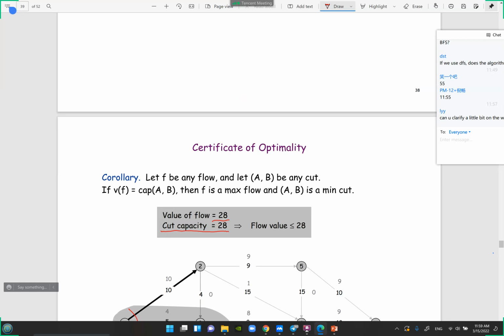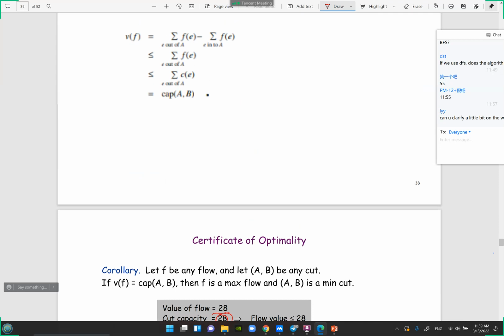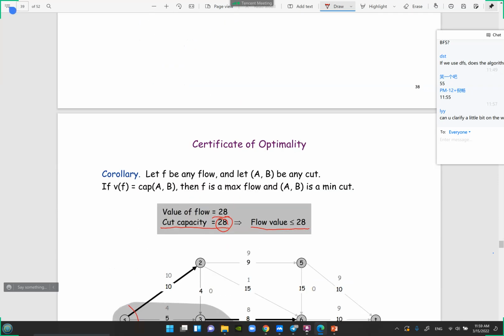Because by weak duality, the flow has to be less than or equal to the capacity of any cut, including the size 28 cut. Since you found a flow of size 28, your flow is as large as possible. So weak duality is useful because it can be used to certify that a flow is maximum.